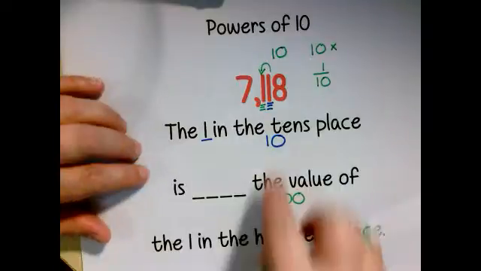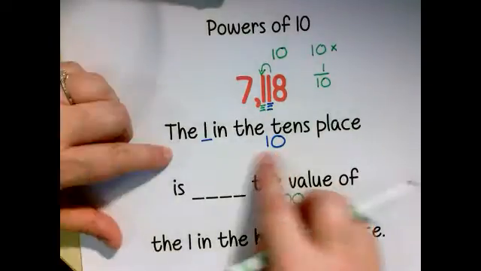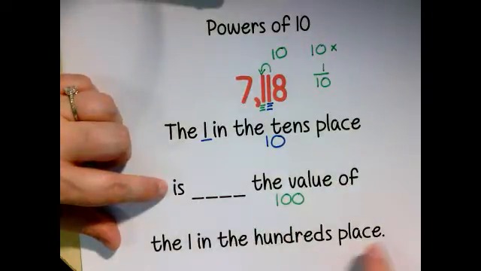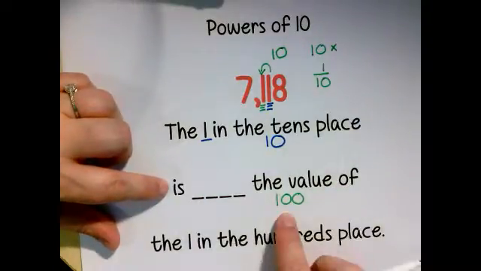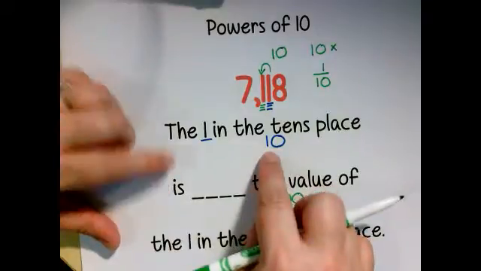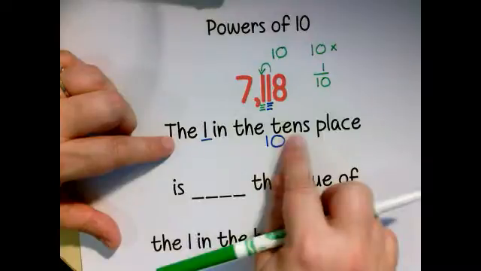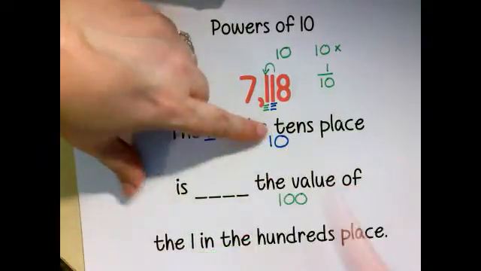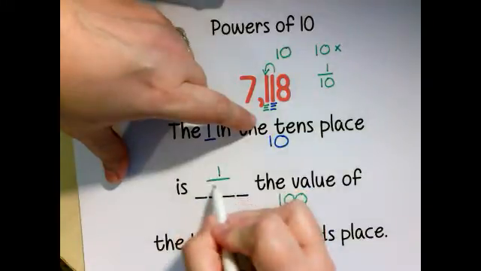So which is it? It says the 1 in the tens place is blank the value of the 1 in the hundreds place. So 100 is definitely bigger than 10. So when I'm comparing the two, that tens place is smaller. So I know that it's going to be 1/10.